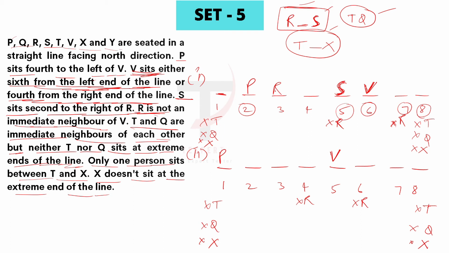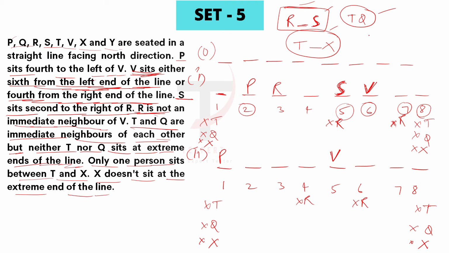Now, what if we place R at the first position? If R is at the first position, then the vacant place will be P, right? And the third position will be vacant, so it will be filled with S. That is the second case, a new case. So if we take it as case 0, we have 1, 2, 3, 4.